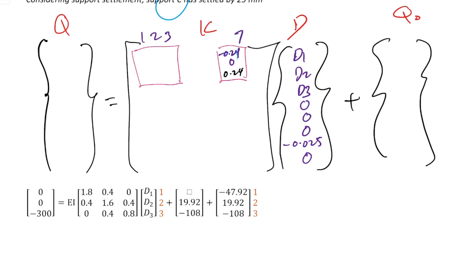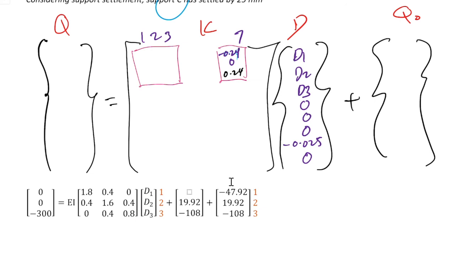Still in terms of EI here. No, I want to put EI. EI is 200 times 600, so it is EI 200, 200 times 600.